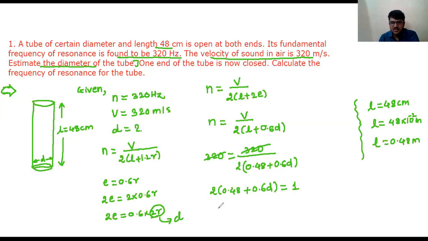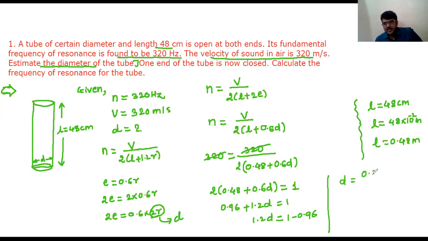Now multiply this, how much are you getting? 0.96, right? So 0.96 plus 1.2 D is equal to 1, and therefore 1.2 D is equal to 1 minus 0.96. If you solve this, you will get D is equal to 0.04 divided by 1.2.